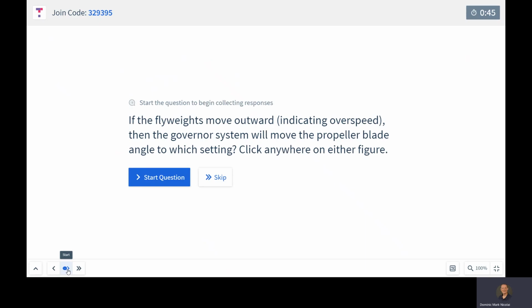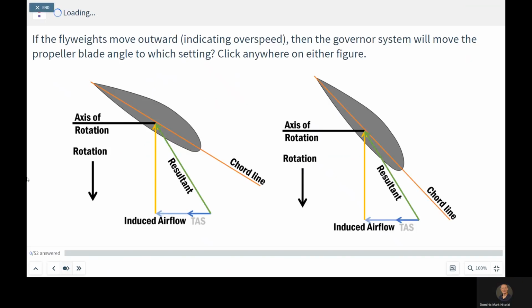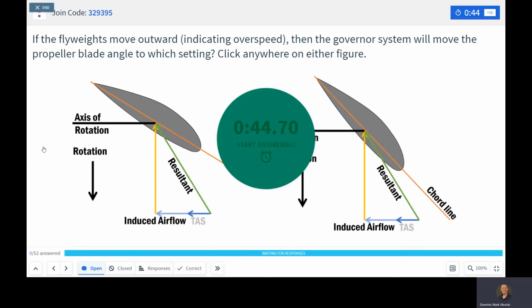Okay, let's try a question here. If the flyweights move outward, indicating an overspeed, then the governor system will move the propeller blade to which setting? Okay, so click on the figure.